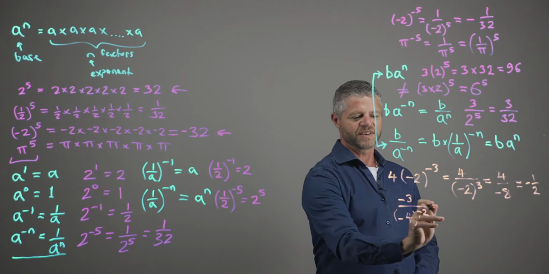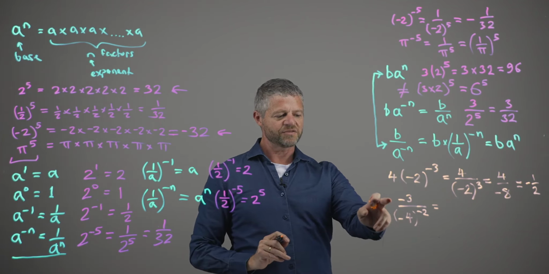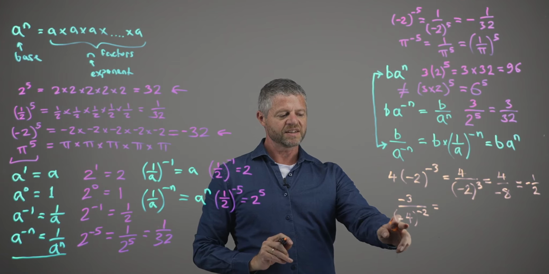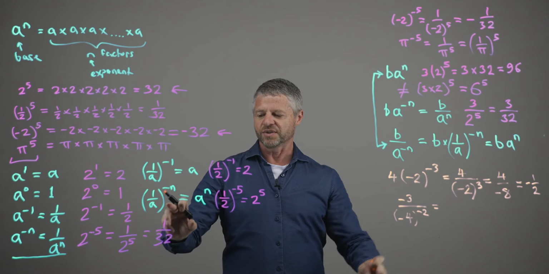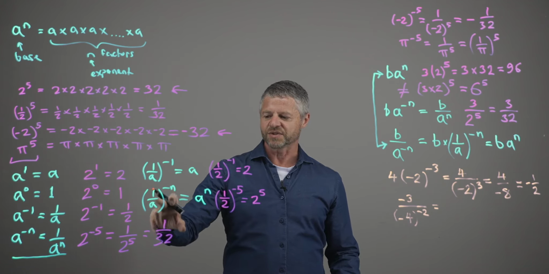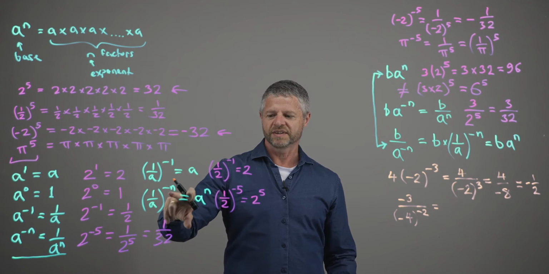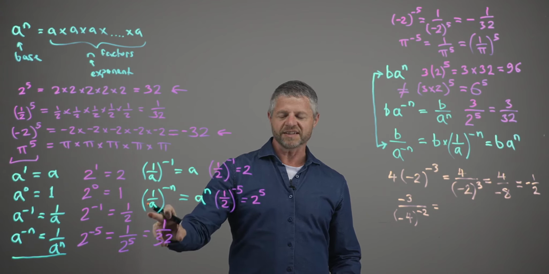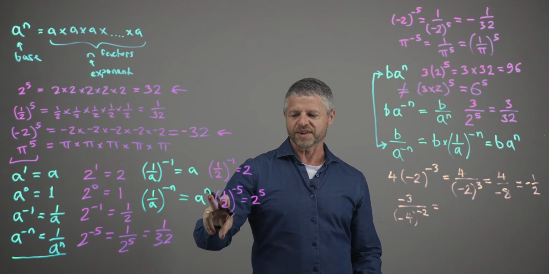For this one, I'm starting off with a fraction where in the denominator I've got something with a negative exponent. So we're in this situation. I've got something in the denominator with a negative exponent. And if that's the case, I can rewrite this by putting the thing that's in the denominator in the numerator with the positive of that negative exponent.